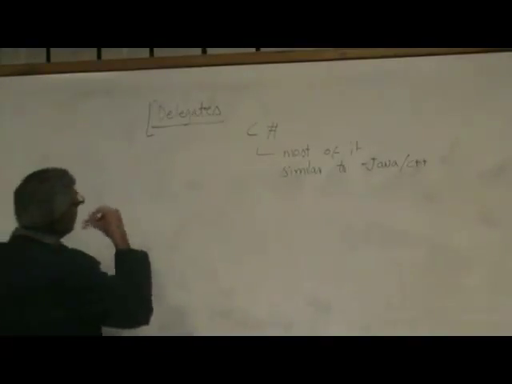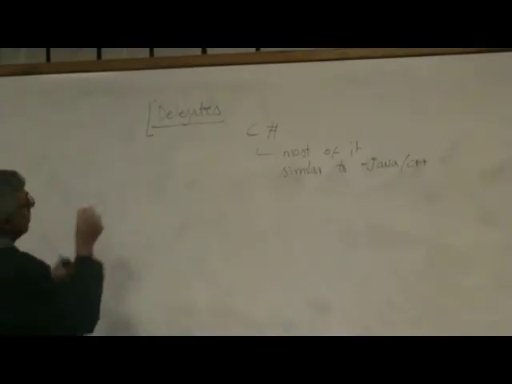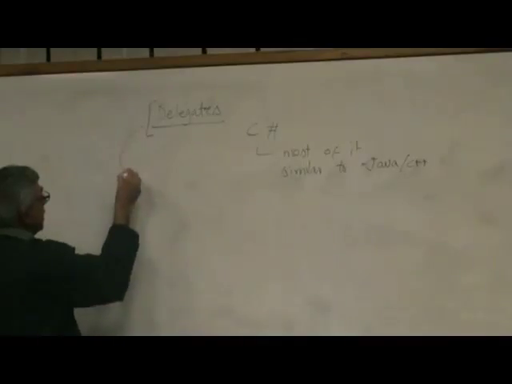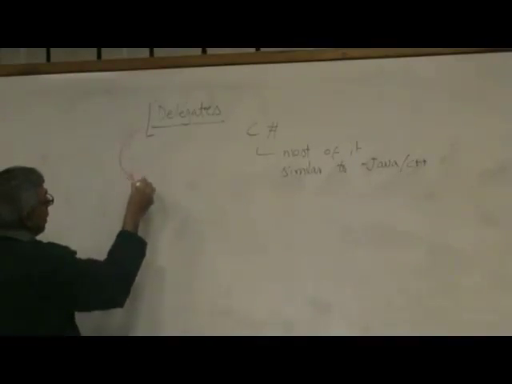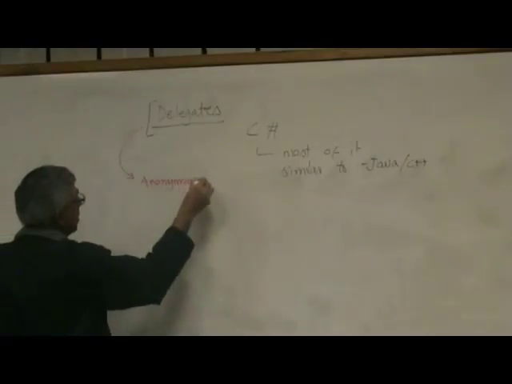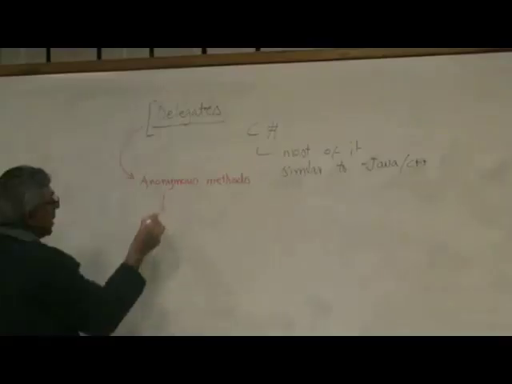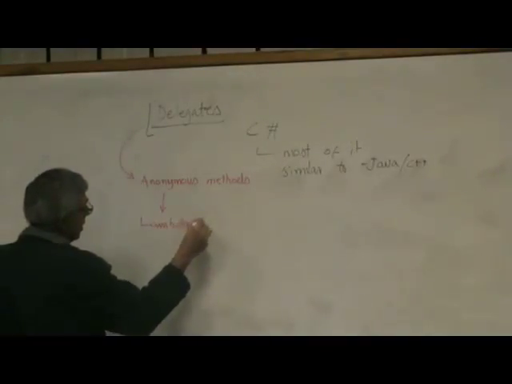So, why are delegates so neat? As I will demonstrate to you, delegates lead to what are called anonymous methods. Anonymous methods lead to a concept called lambda expressions.